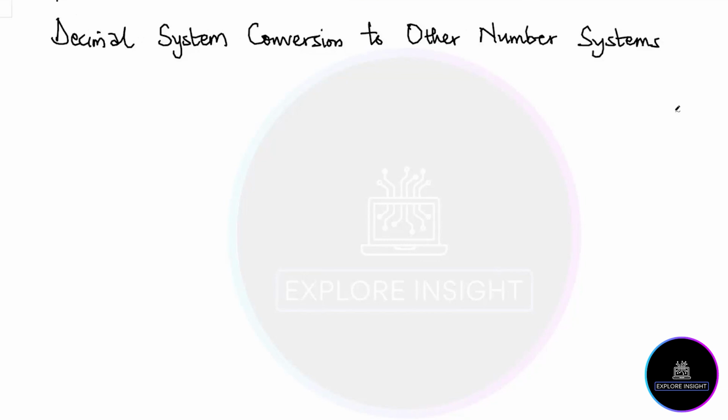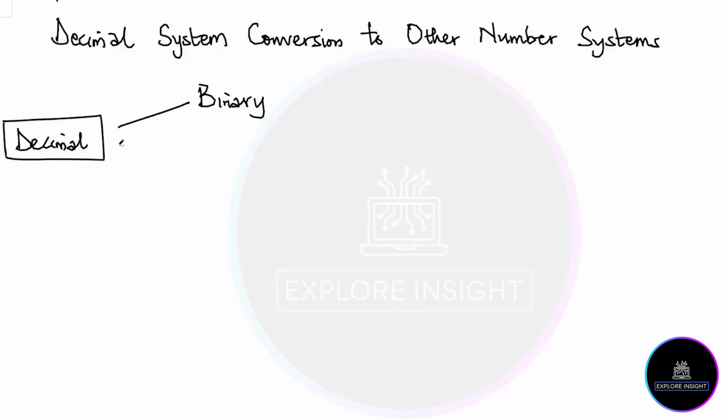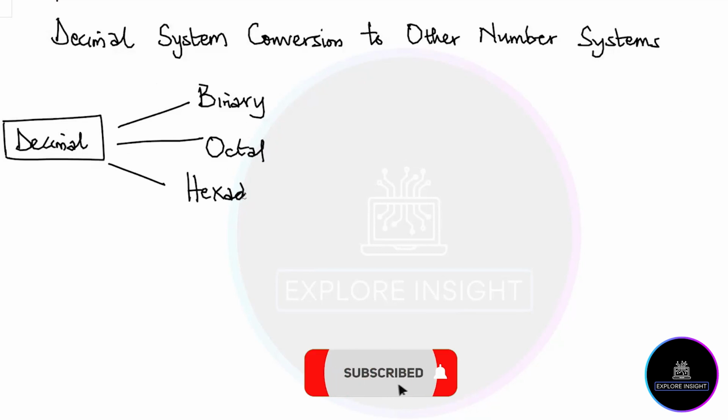In today's video, we want to look at how to convert the decimal system to other number systems. What I simply mean is converting the decimal system, which is also known as base 10, to binary, also called base 2, also converting decimal to octal, and lastly, converting the decimal system to the hexadecimal system.